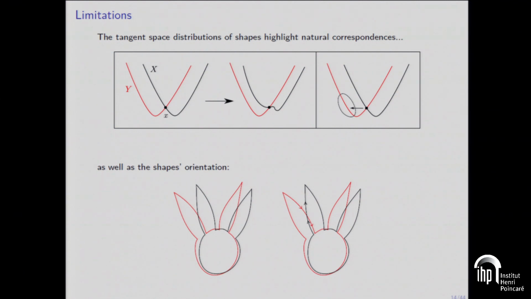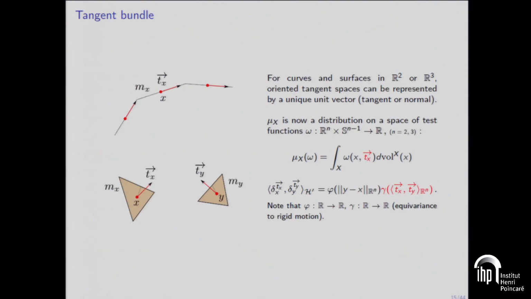But if you consider a consistent orientation of your two bunnies, and you take this orientation into account, then when you compare the points and you observe that they have opposite directions, you will say that you have no interaction between those points, and so you will be able to align the two ears. So how to do so?